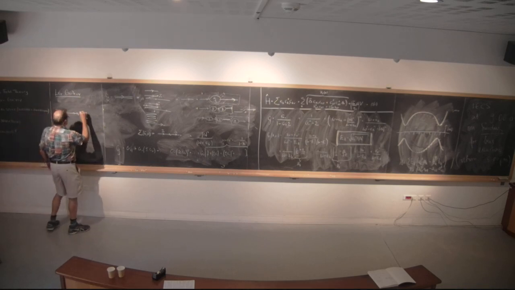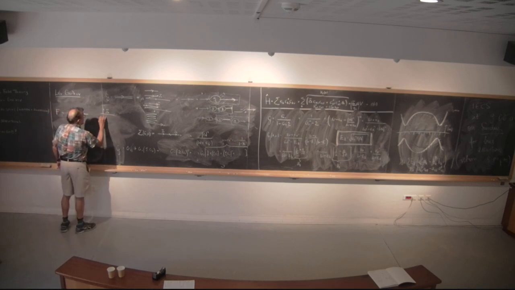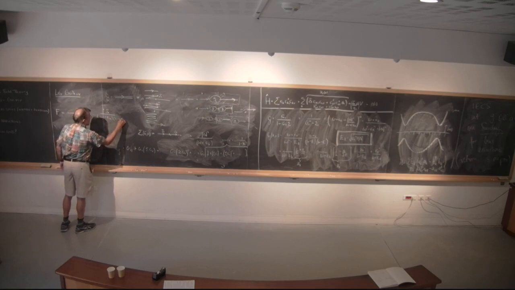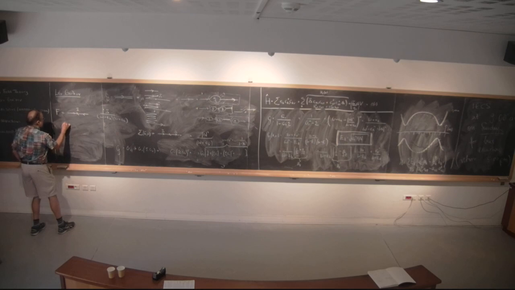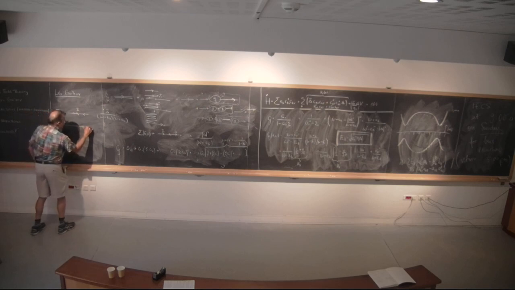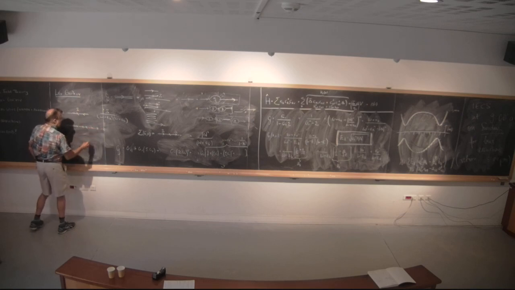The leading order process, this is delta bar over omega minus epsilon k times omega plus epsilon k. But Gorkov realized he could actually do this repeatedly. He could do this one more time, like so. Okay.